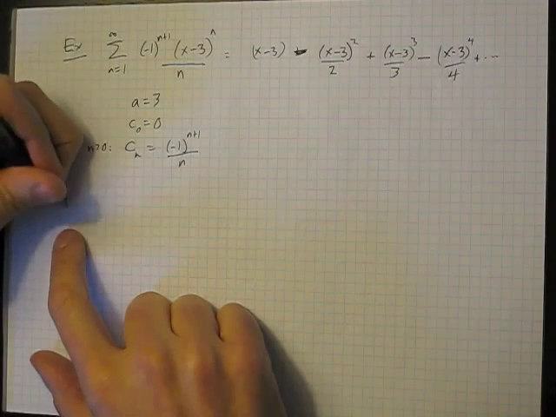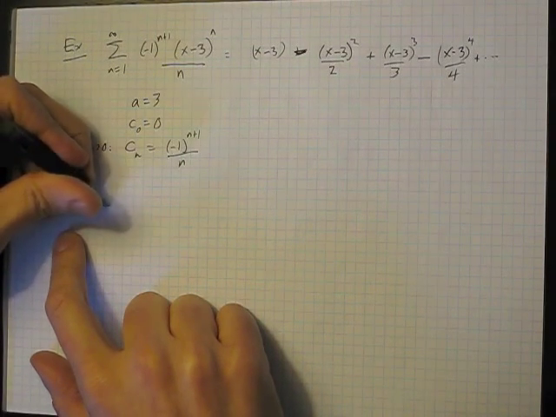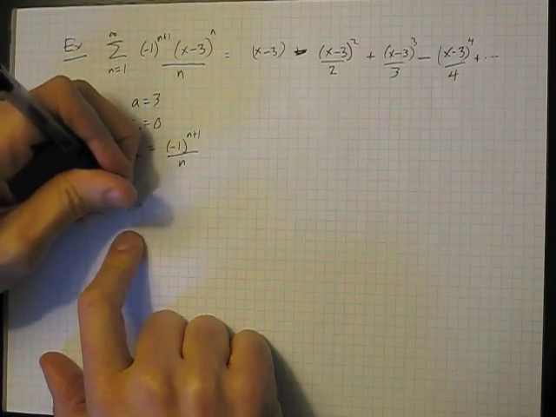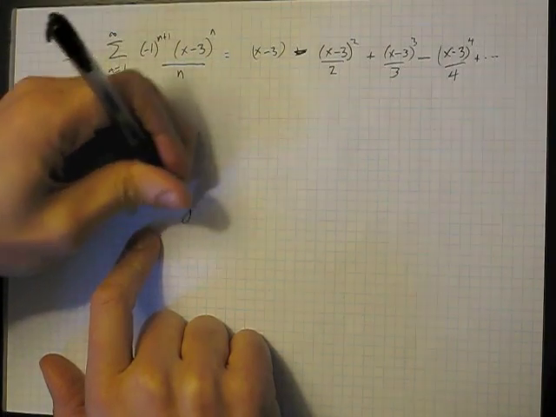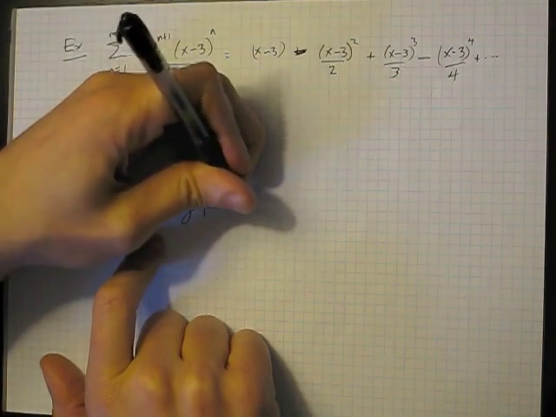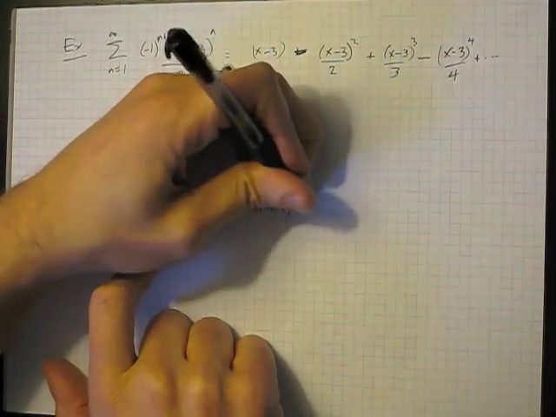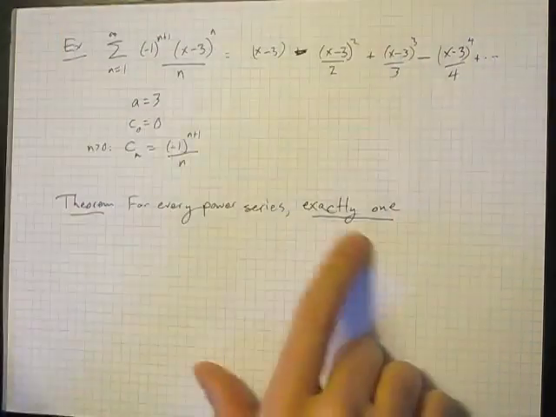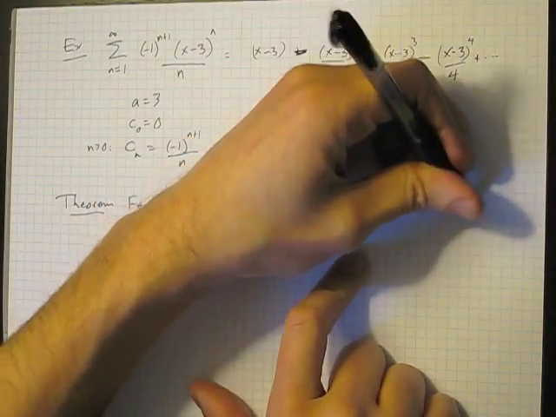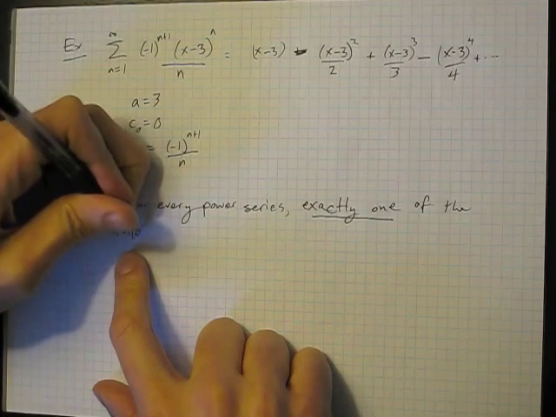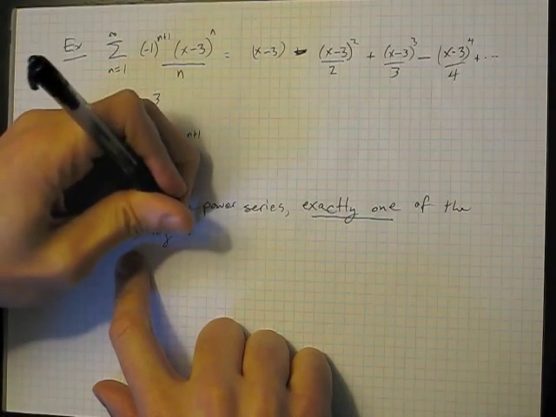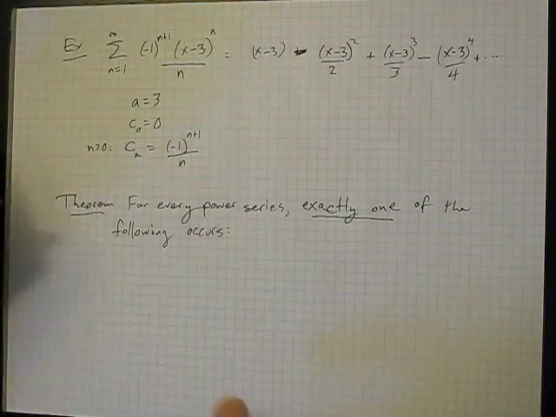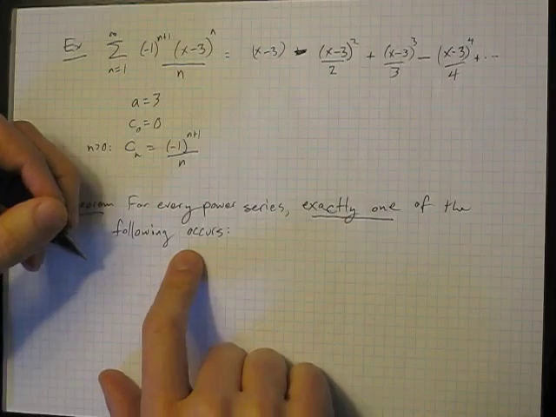Okay, so there's a theorem that we mentioned last time. This theorem says that for every power series, exactly one of the following situations happens.